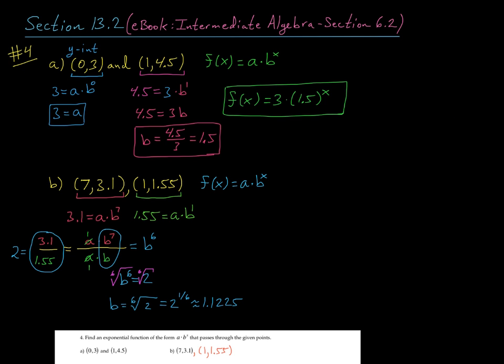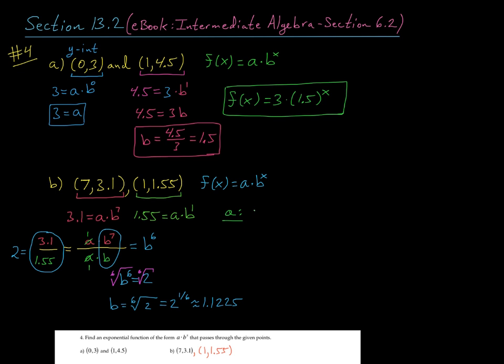We still need our initial value a, and I could now plug this b value into either the first or the second equation. Since in the second equation I just have b to the first power, I'm going to use that equation to find, oops, sorry, not b, I'm going to use that to find my a.